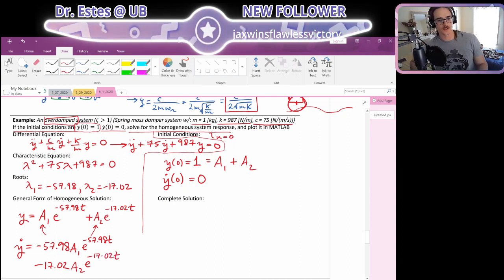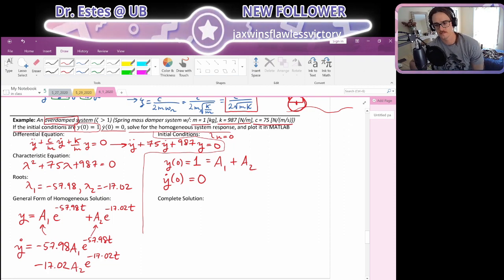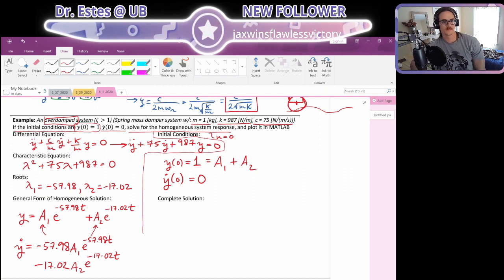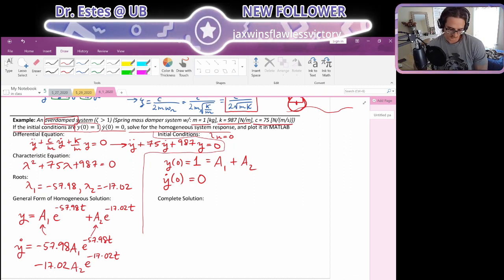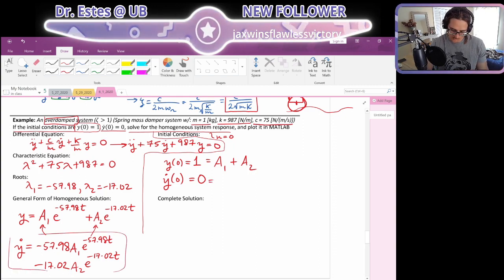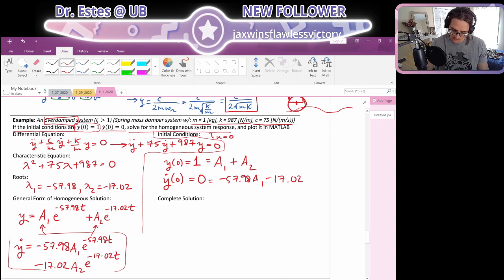You just bring that coefficient down out in front. And if I evaluate this derivative when time equals 0, it's going to be minus 57.98 A1 minus 17.02 A2.